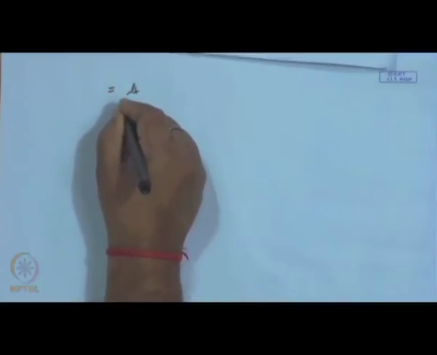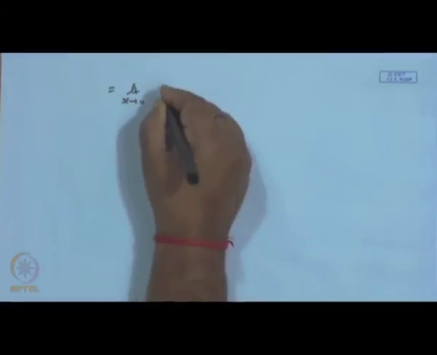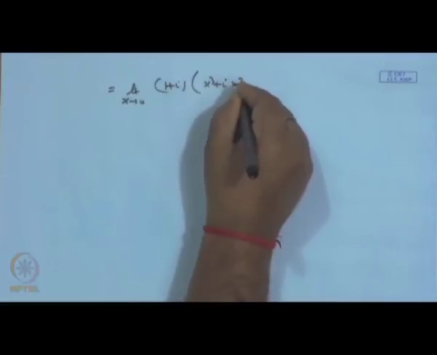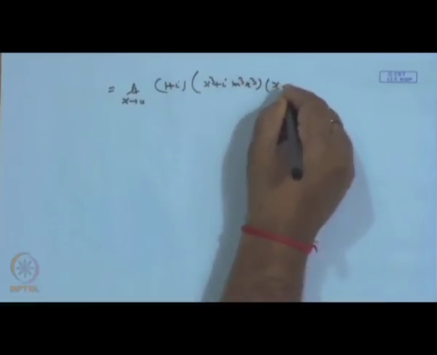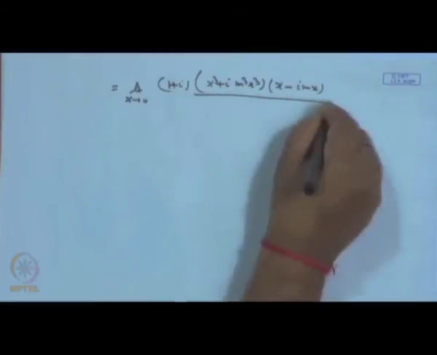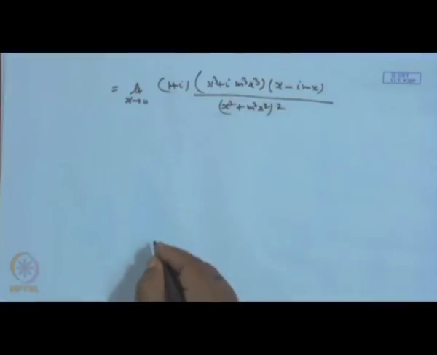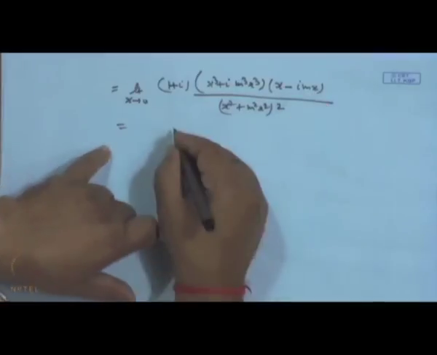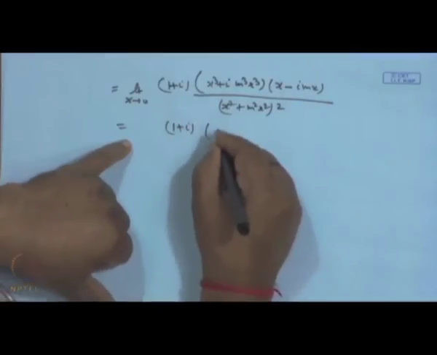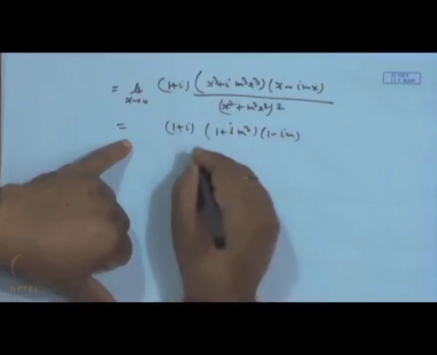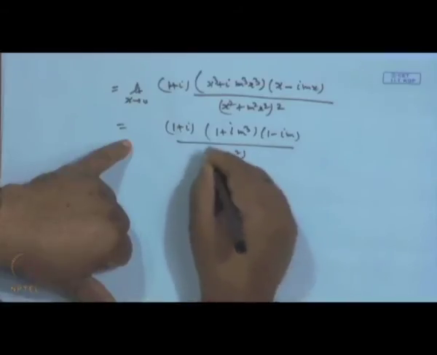What you are getting is the limit, y equal to m x, means limit x tends to 0, (1 plus i) (x cube plus i m cube x cube) (x minus i m x) divided by (x square plus m square x square) whole square, as x tends to 0. So, x square goes out, x to the 4 gets cancelled, and we get this value as (1 plus i) (1 plus i m cube) (1 minus i m) divided by (1 plus m square) whole square.